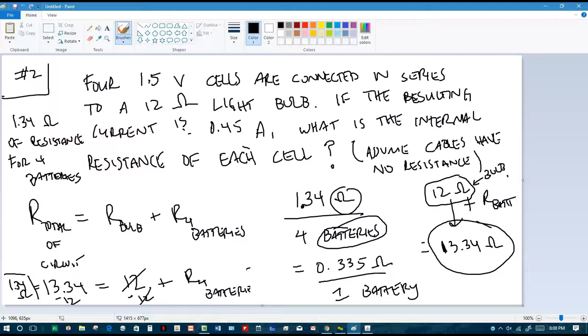More than 0.45 amps or less? It would be less, exactly. Because if you are considering that there is some resistance in the cables, that's going to make the total resistance go up or down? Up. And so that would make the current go down, because those are inversely proportional. Good. All right, let's check on your next one.